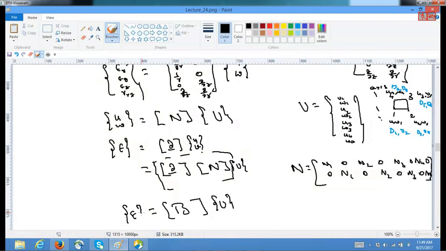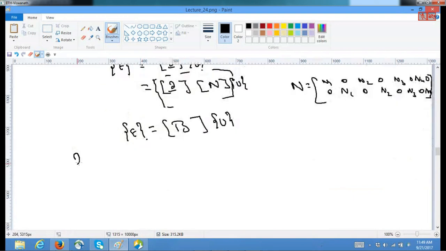So we can state that this operator matrix times n would be our B matrix, because we know that the dou matrix is 4 cross 2 and this one is 2 cross 4, and obviously our B matrix is 4 cross 4.